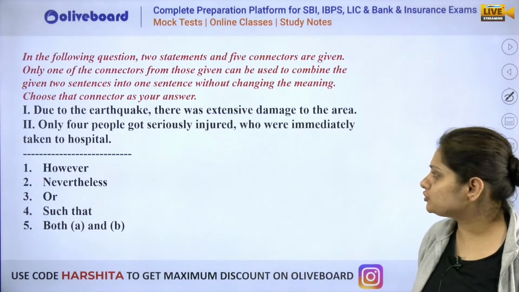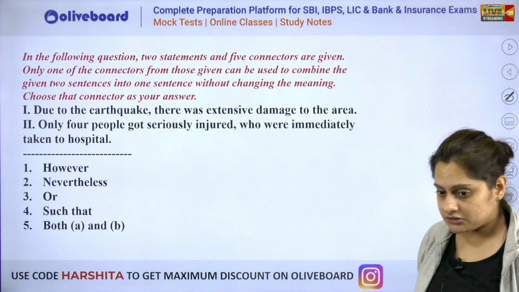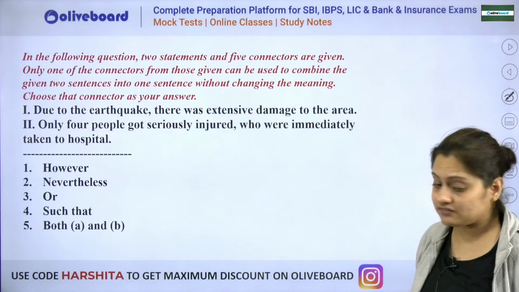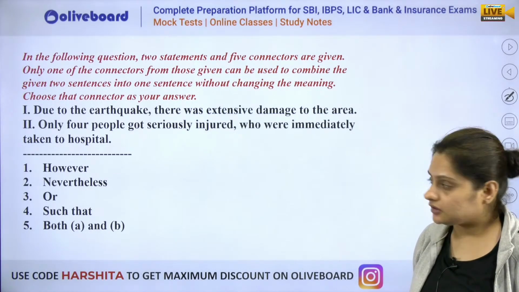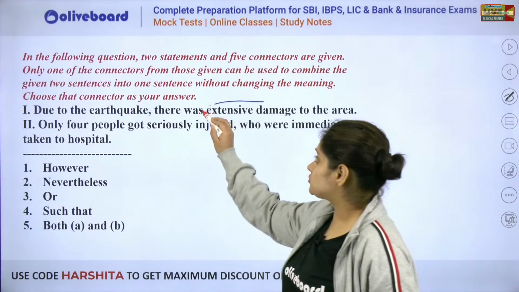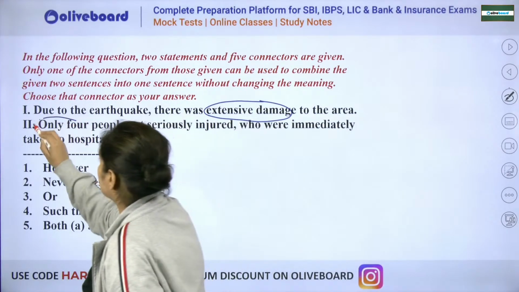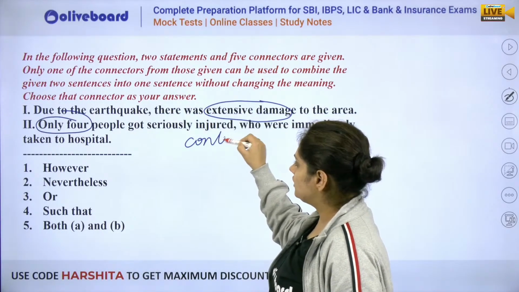Yes, due to the earthquake there was extensive damage to the area. You wrote that. Then in the second one you are saying only 4 people got seriously injured. However, it was extensive damage, but only 4 got injured, which means what kind of relationship again?